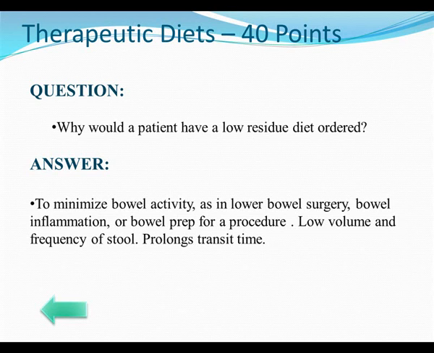It's a little bit different than just low fiber. This is for someone who has had lower bowel surgery, maybe hemorrhoid surgery, and you don't want them to stool a lot the first few days, so they may put them on a low residue diet.